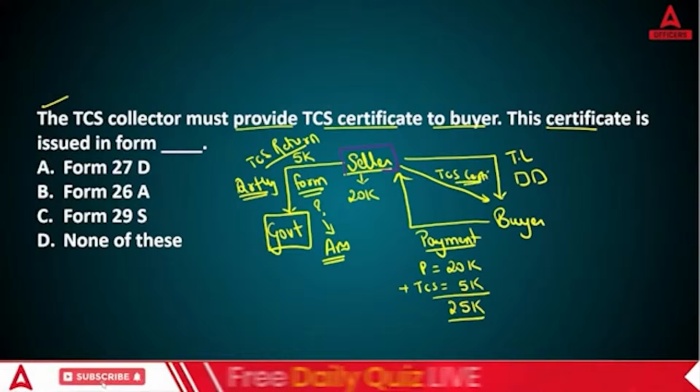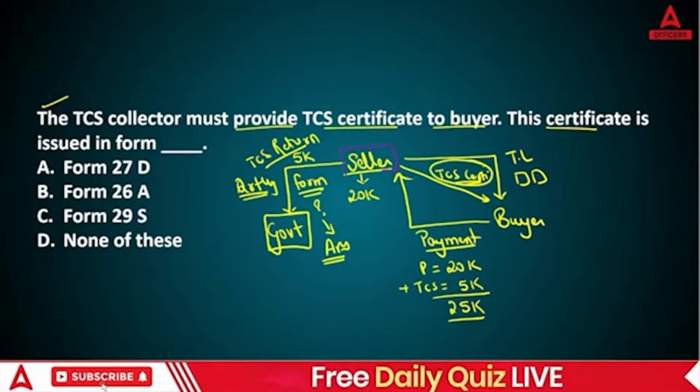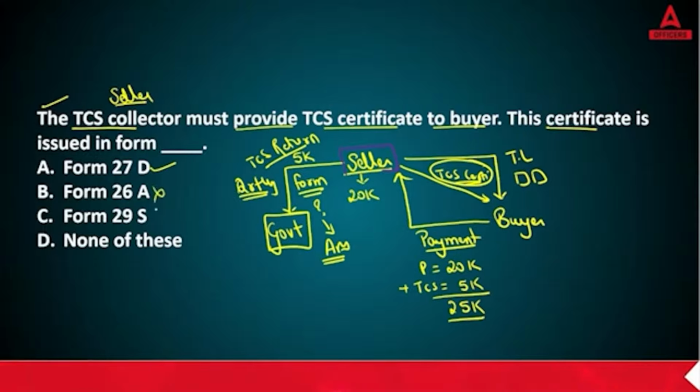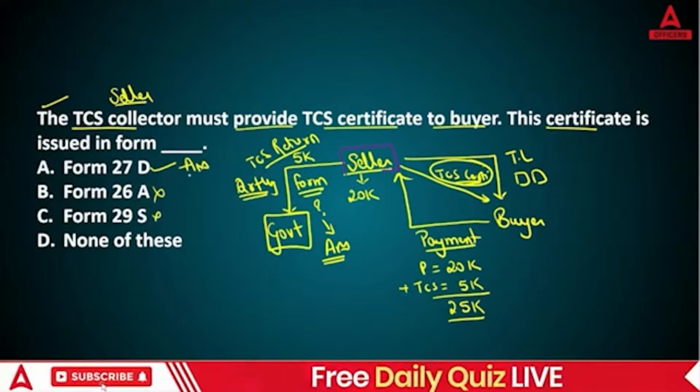This question is asking under which form the TCS certificate is provided to the buyer. The TCS collector, meaning the seller, must provide the TCS certificate to the buyer. This certificate is issued in form 27D. Okay, 27D is your right answer.